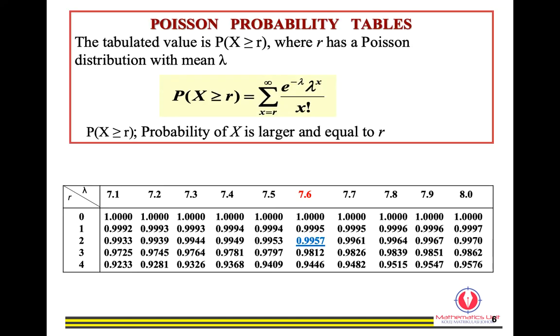And now I'm going to show you how to use the Poisson probability tables. The values given here in the table are actually for the probability of x greater equals to r, where x has a Poisson distribution with mean lambda. For example, for this value here, 0.9957, this is the value of probability for x greater or equals to 2 with mean 7.6.